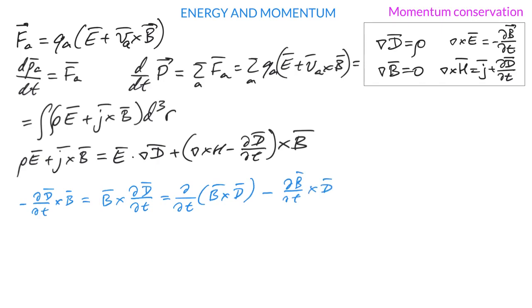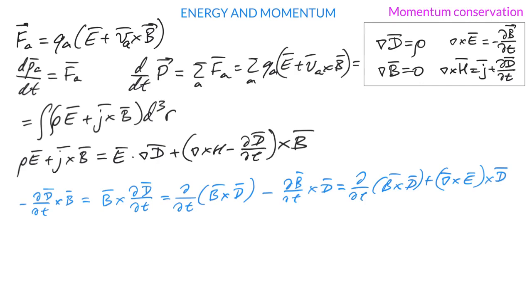And now introduce dB by dt from Maxwell's equations. So that is negative curl E. So the second term here becomes plus curl E crossed with D.